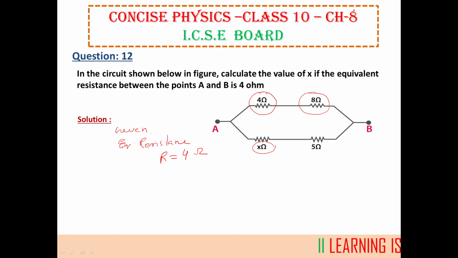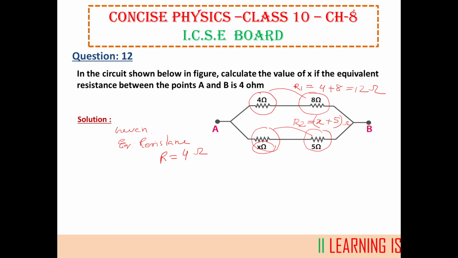If the equivalent resistance of these two is R1, then R1 is equal to 4 plus 8, that is 12 ohm, because they are in series. In series we add the resistances to get the equivalent resistance. Here also, if the equivalent of these two resistors is R2, then we can write x plus 5 ohm.